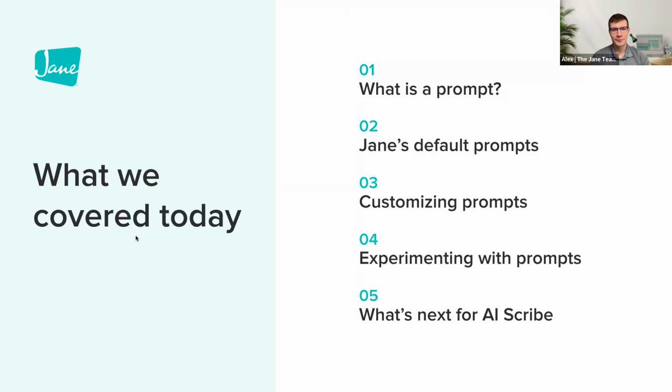To recap, start with Jane's defaults, customize them to fit your needs, and keep experimenting. The more you play with prompts, the more confident you will feel using AI Scribe in your daily charting. If you would like to keep exploring, we will share a link in the chat to our main AI Scribe guide, and it has everything in one place to help you keep learning and practicing.